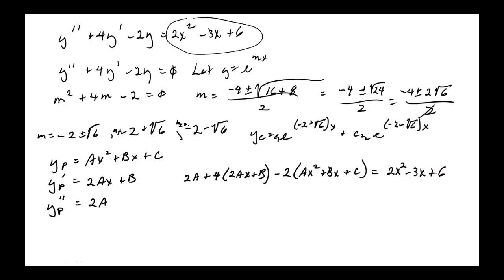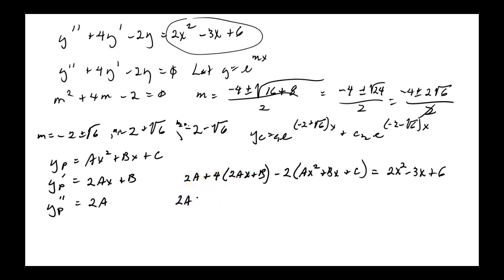Do you follow that? Yes, sir. Okay. Now, here we did our y particular double prime and plug that in there, plus 4 times your y particular prime, minus 2 times your y particular, and we want it to equal that. So let's do the algebra required here. This would be 2a.